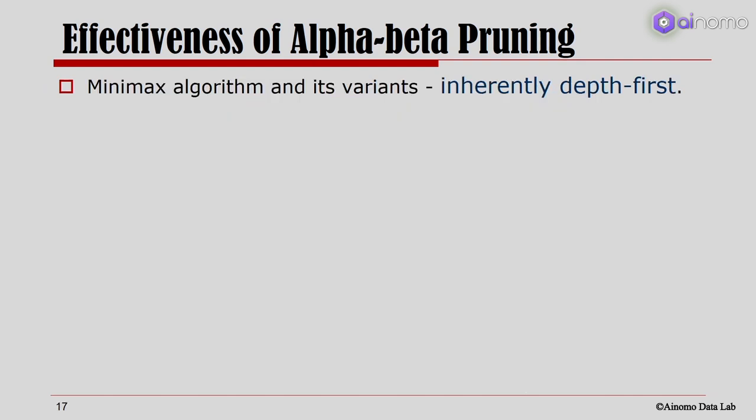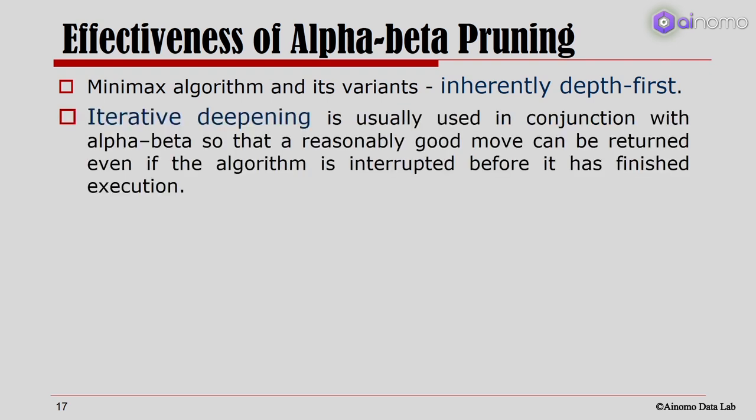Now Minimax algorithm and its variants are inherently depth first search. So there are improvements on Minimax with alpha beta pruning by using some better strategies for depth first. Like we could have iterative deepening, which is used in conjunction with alpha beta pruning, so that a reasonably good move can be returned.